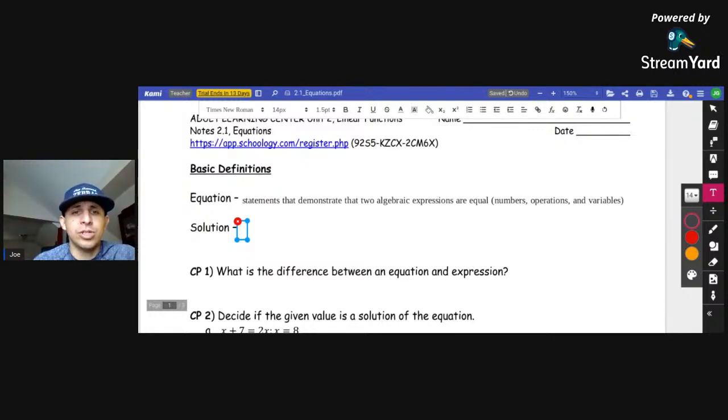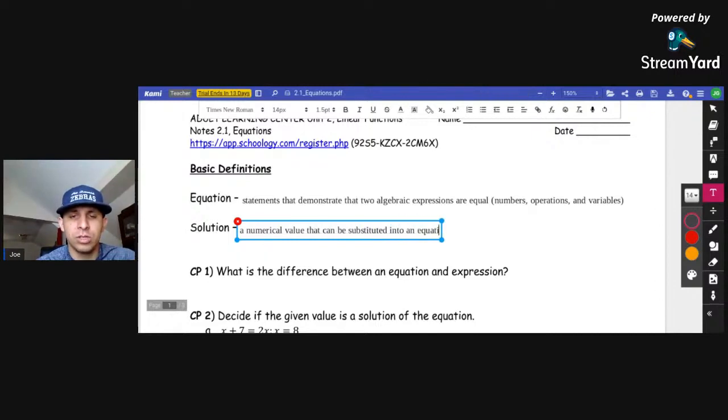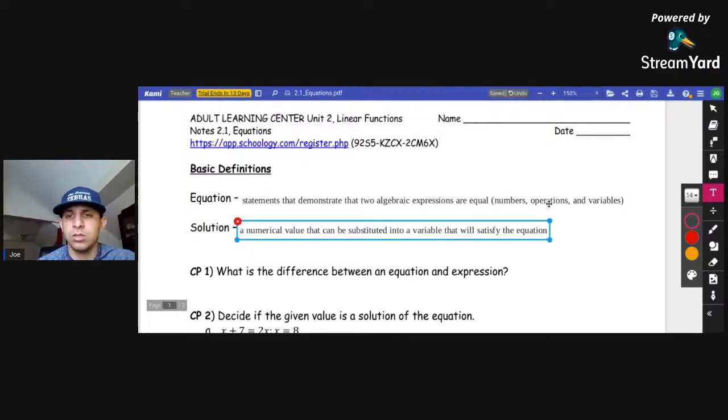And a solution is simply a numerical value that can be substituted into an equation, or into a variable, that will satisfy the equation.